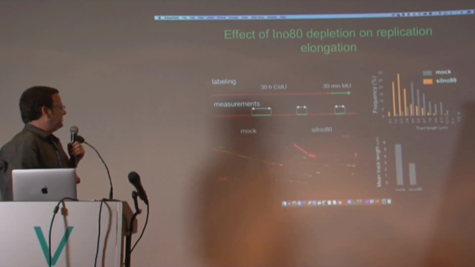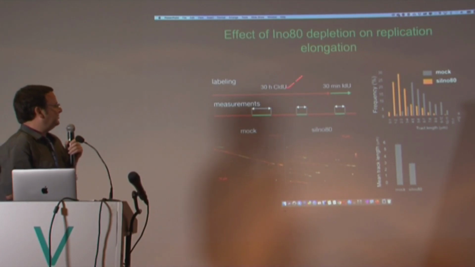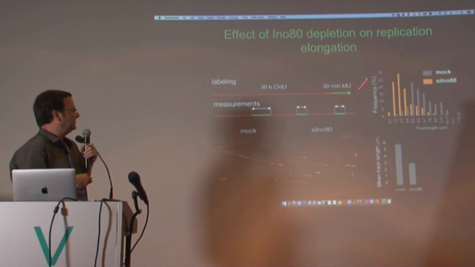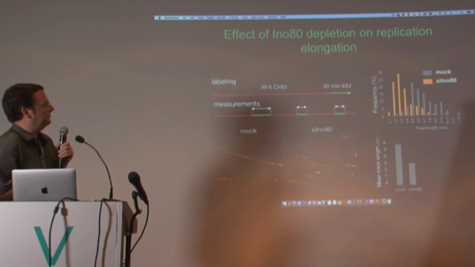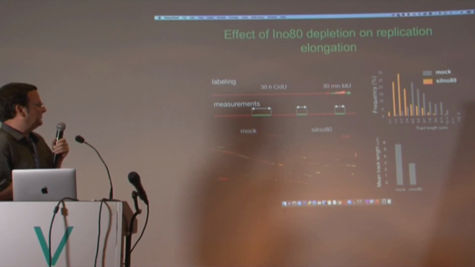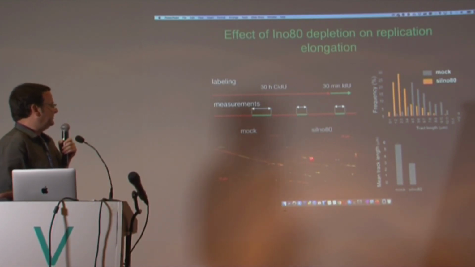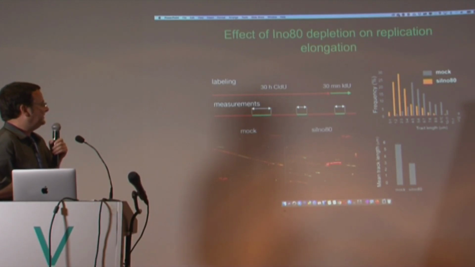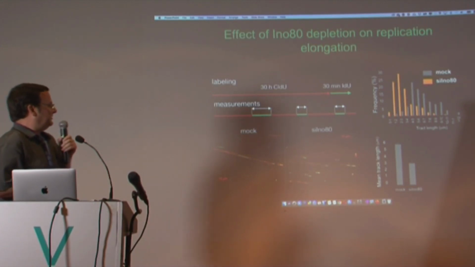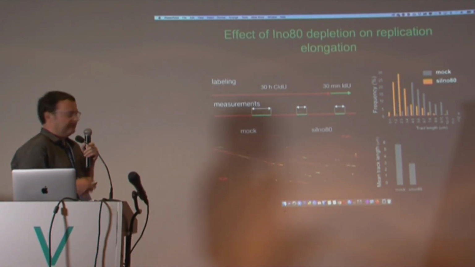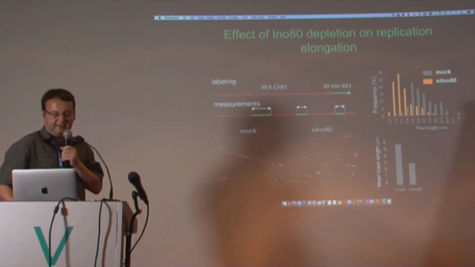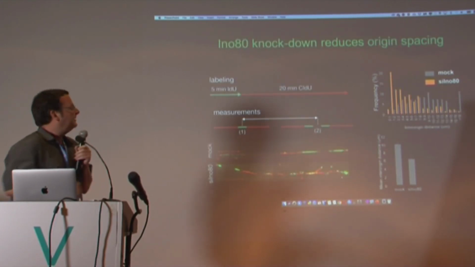We visualized the fibers by staining for more than one cell cycle with chlorodeoxyuridine, and then we used a short pulse with iododeoxyuridine as a proxy for the speed of the replication forks. And what you can see is that in cells silenced for INO80, you have shorter tracks, suggesting that these cells have trouble with replication elongation.